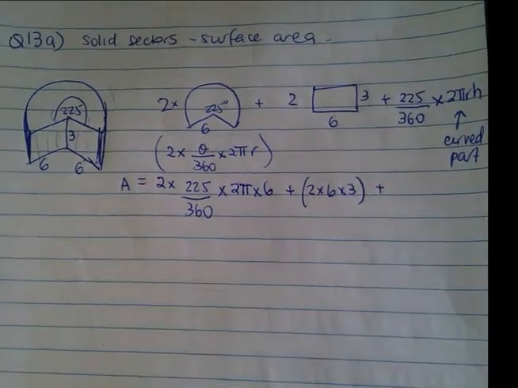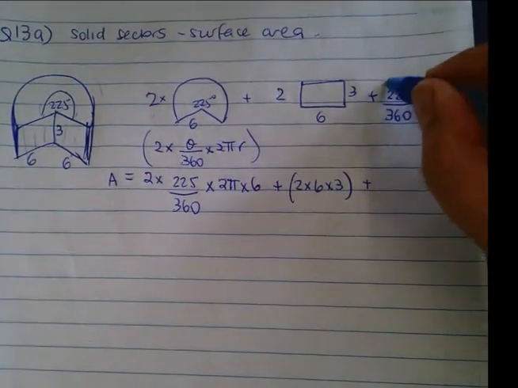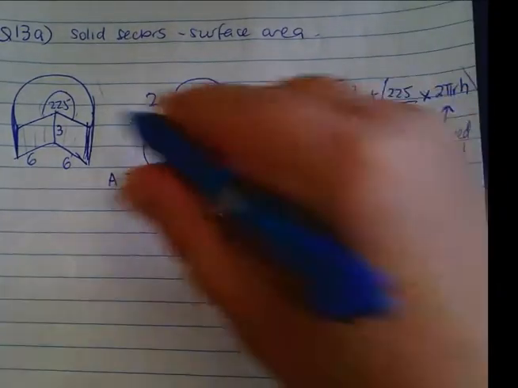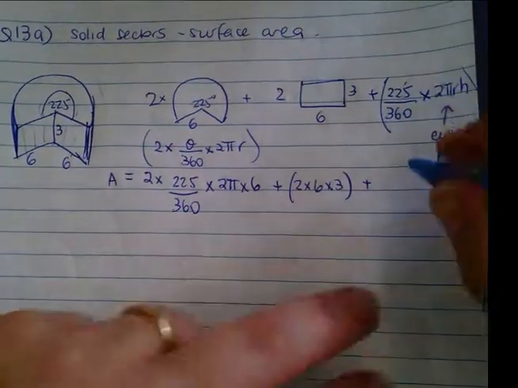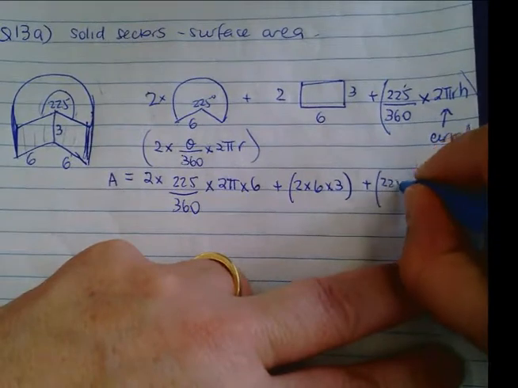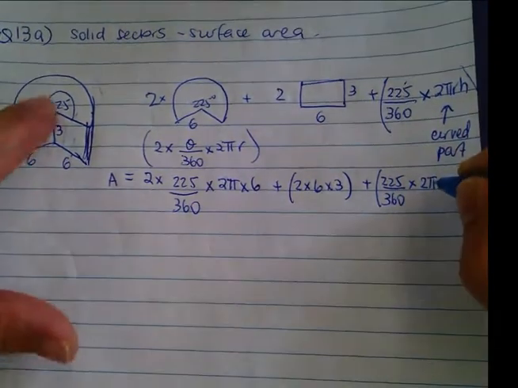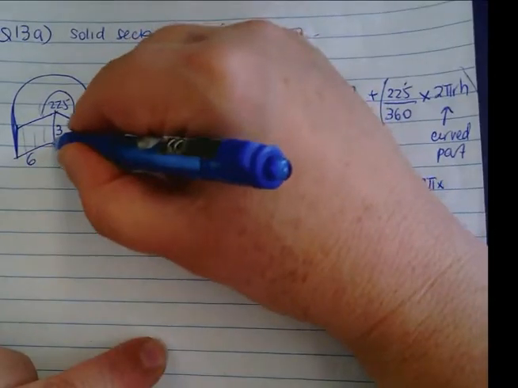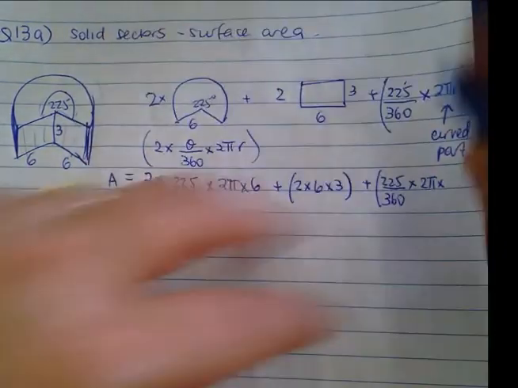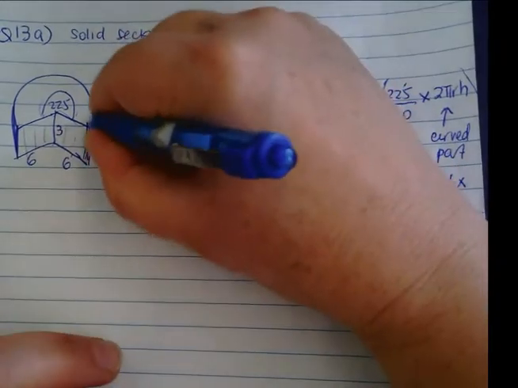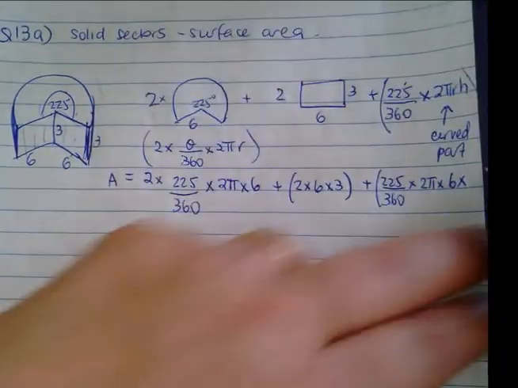And then I've got 1 curved surface. So I've got a fraction of my curved surface, which is 225 over 360 times 2 pi times the radius 6, and the height of the curved surface is 3.